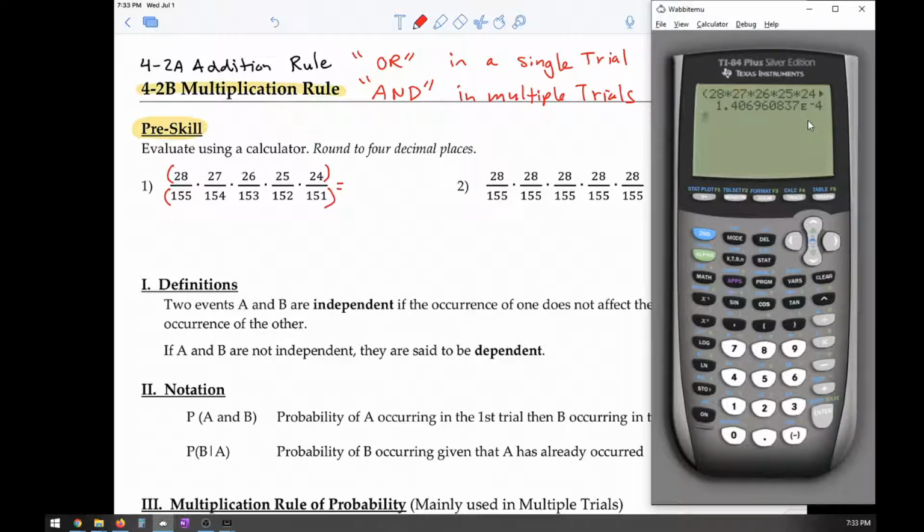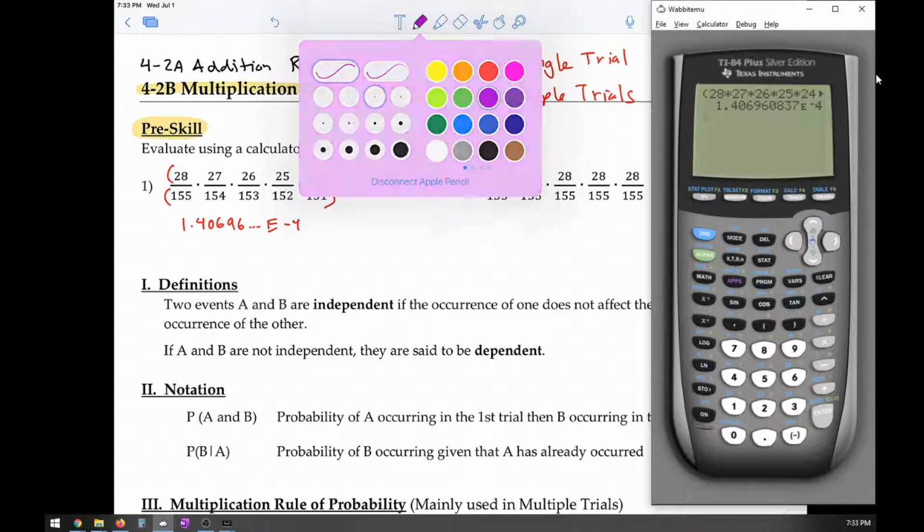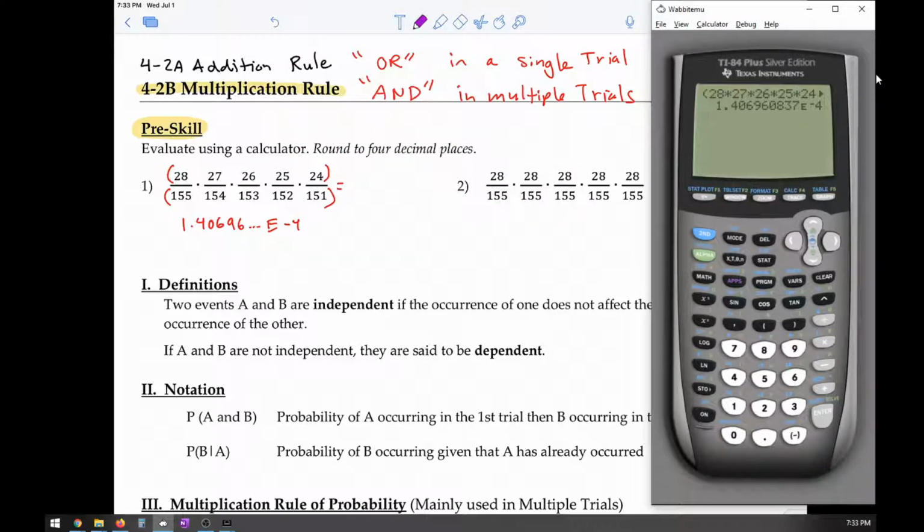If you remember from my prior videos on using the TI-84 calculator, this notation is scientific notation. This e to the negative 4 tells me that I'm going to move this decimal point 4 times to the left. So what I have here is 1.40696... e to the negative 4. Essentially, I'm dividing by 10,000, which is 1 followed by 4 zeros.